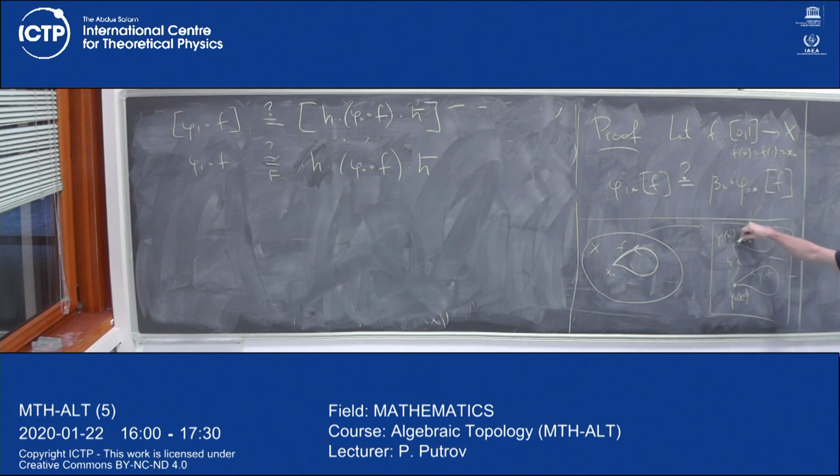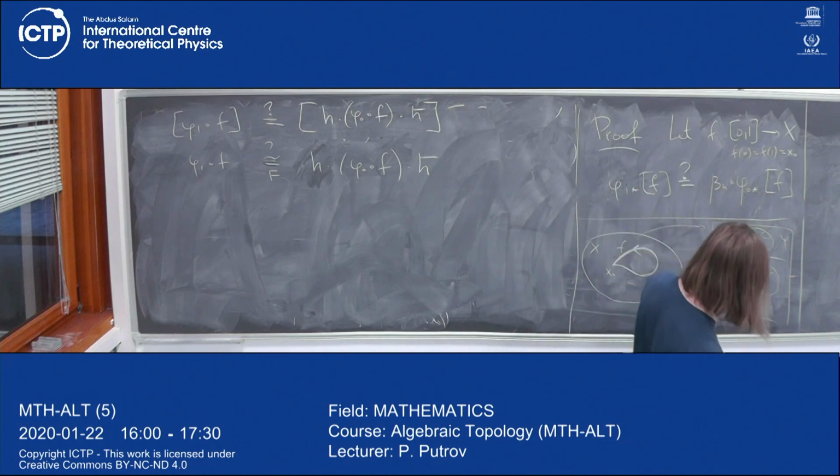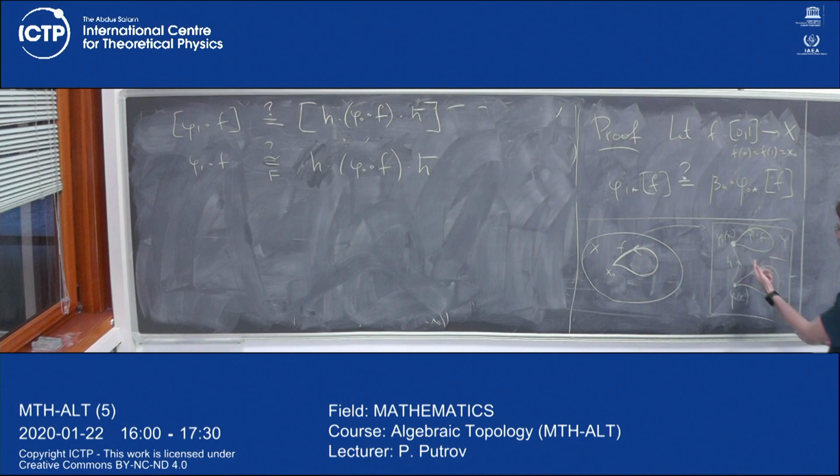It's a path homotopy of paths with this base point. The right-hand side is the following loop. I go along the arc in opposite directions, and I go along this loop, and then I return. And of course, geometrically, how do I construct this homotopy? I just use my homotopy phi.